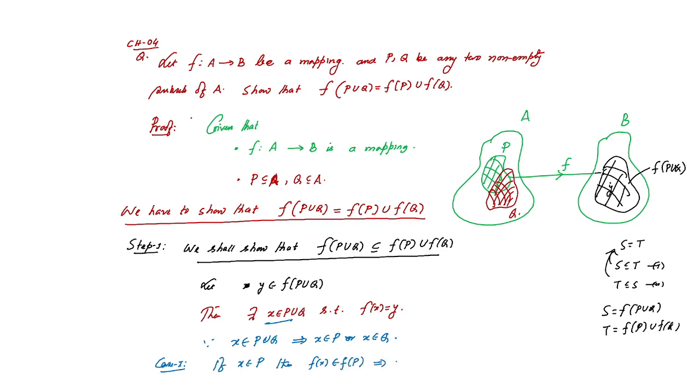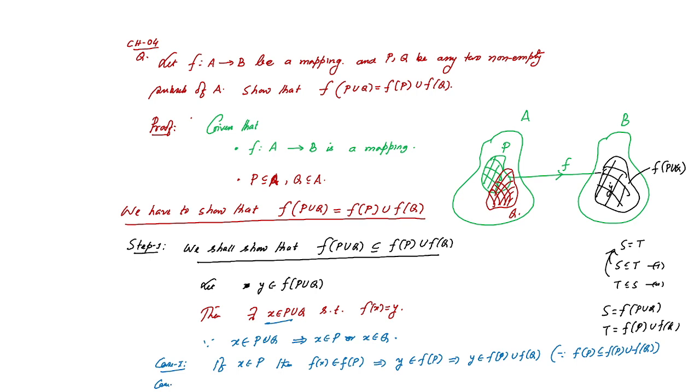And that implies f(x), meaning y, belongs to f(P). That implies y belongs to, in that case, f(P) union f(Q). Why? Because f(P) is a subset of f(P) union f(Q).